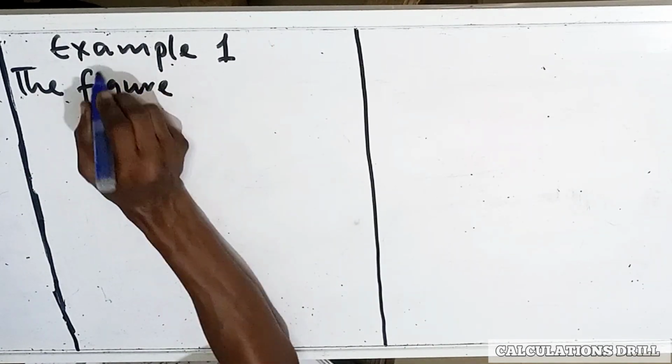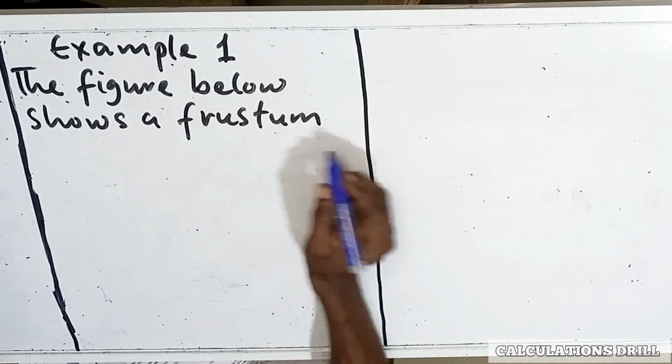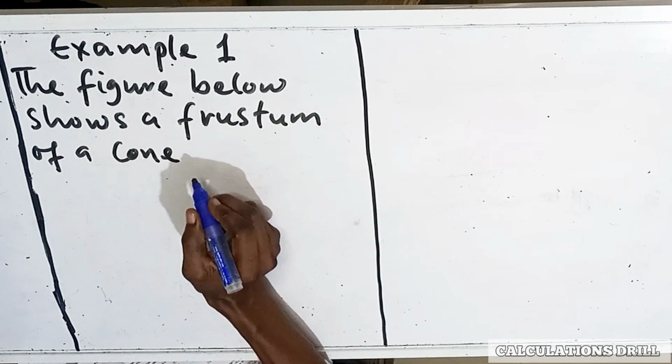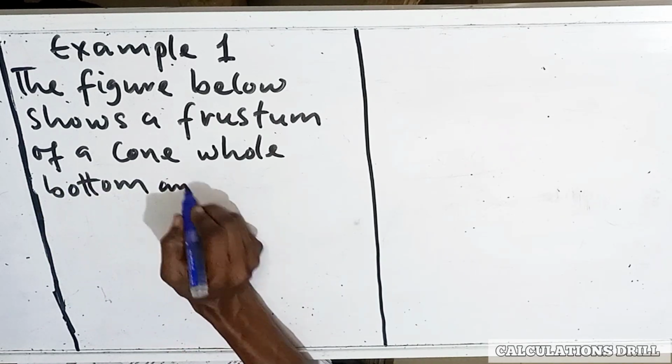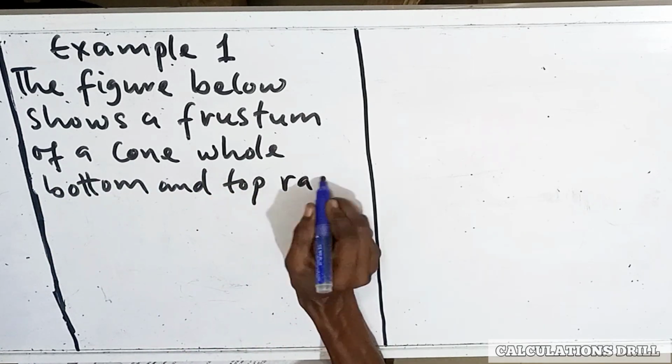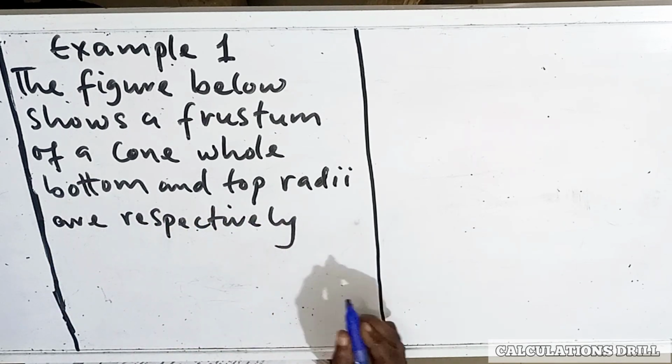Let's see an example. The figure below shows a frustum of a cone. Whose bottom and top radii are respectively 12 cm and 8 cm.